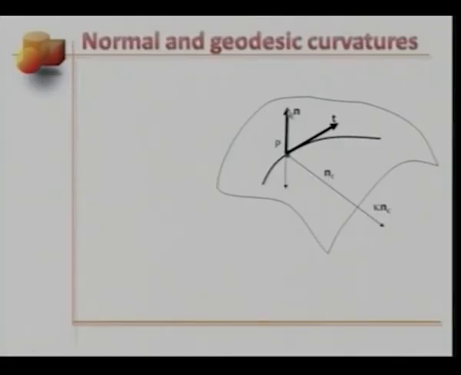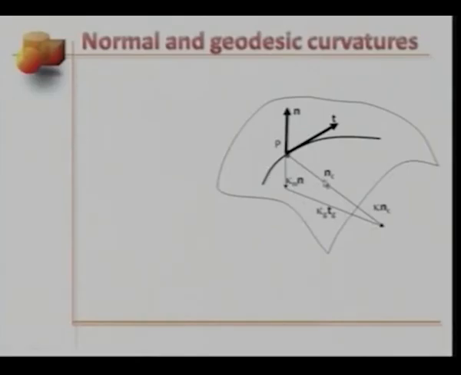Let's extend this normal vector N in the opposite direction and name this vector kappa sub N times N. Let's join the two heads of these two vectors and name the resultant vector as kappa sub G times T sub G. T sub G is also a unit vector along this direction.